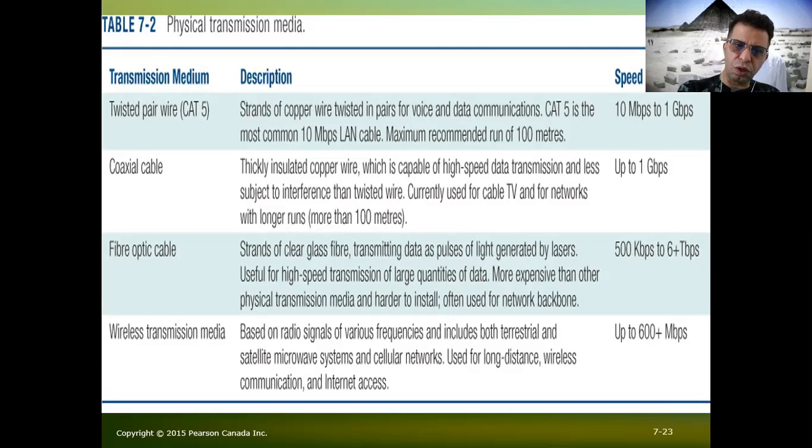Then you have the coaxial cable, which is thickly insulated copper wire. Both technologies, Cat5 and coaxial, use copper, which is capable of high-speed data transmission, and coaxial is less subject to interference than the twisted pair. Here it is up to 1 GB, used for cable TV usually, and for networks no longer than 100 meters.